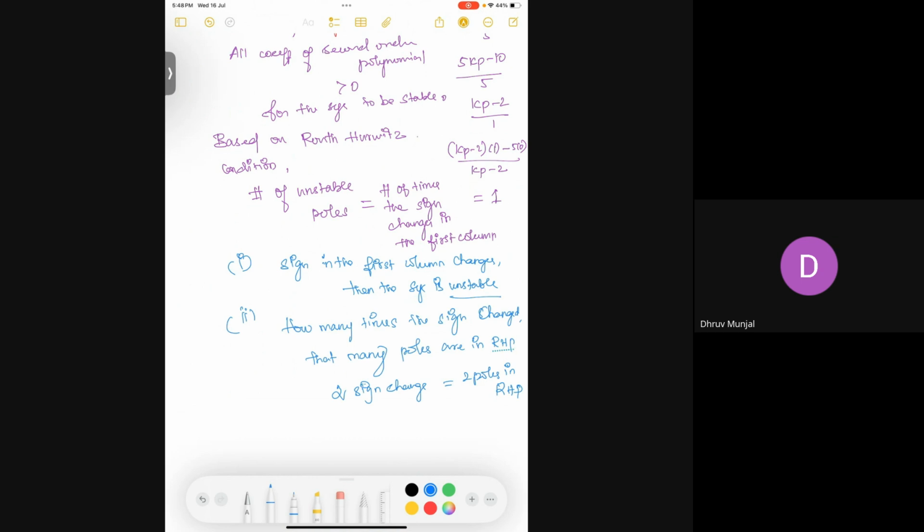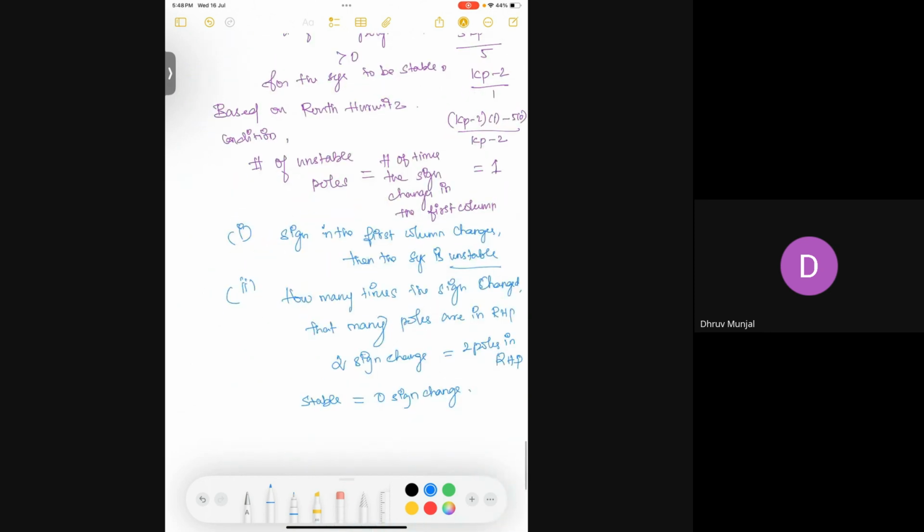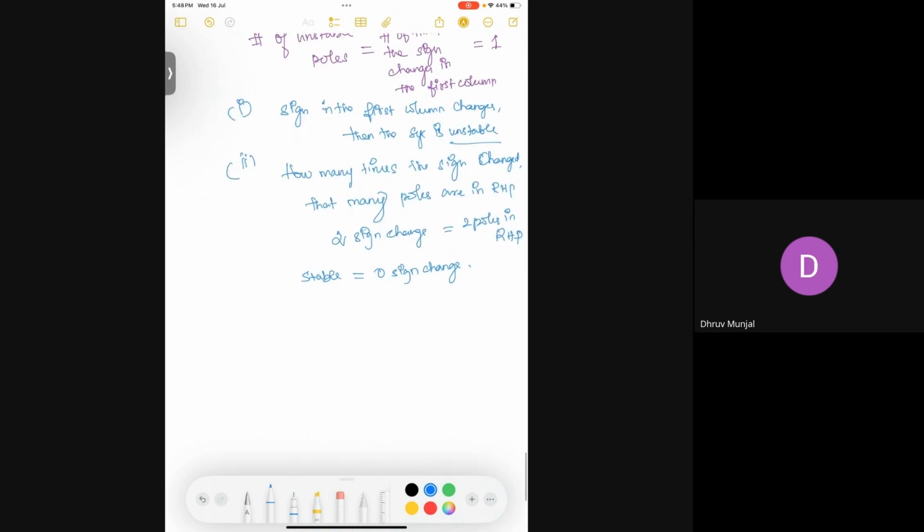Now we are looking for the option to make the system stable. So stable in the sense zero sign change. There should not be any sign change. Since there is a variable involved here, to make the system stable, that is what we are trying to find.